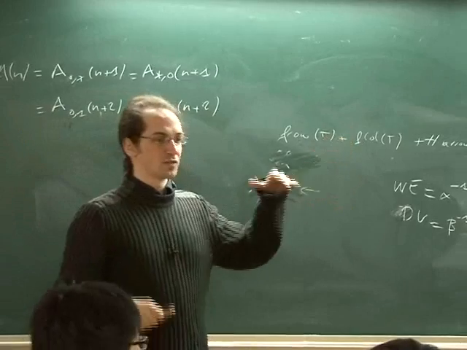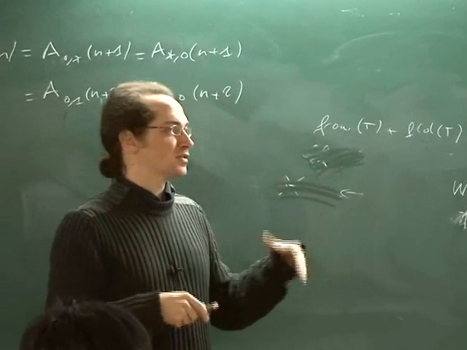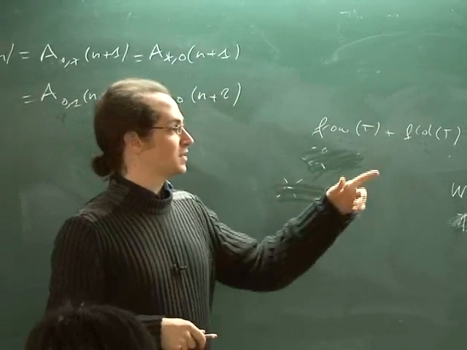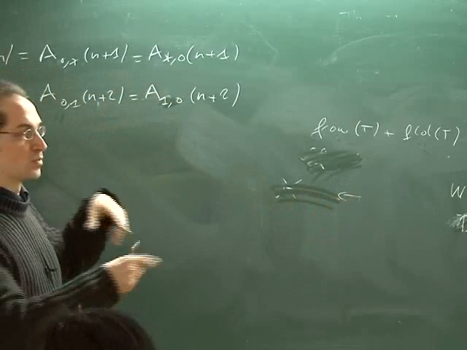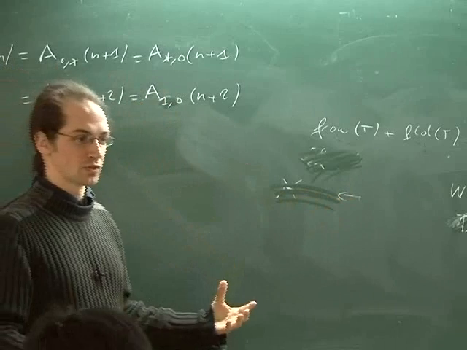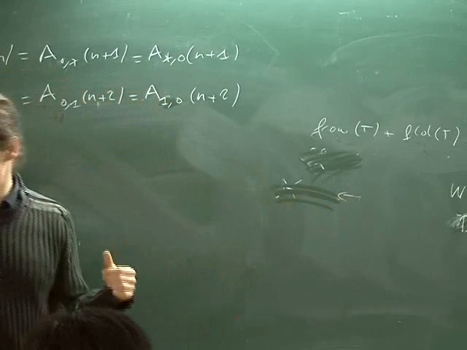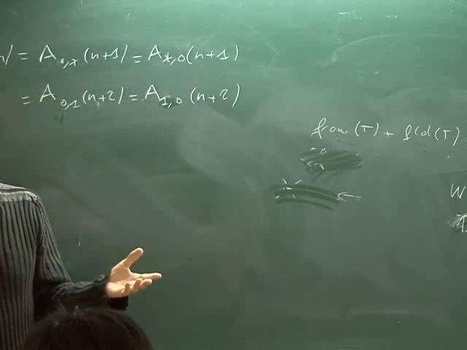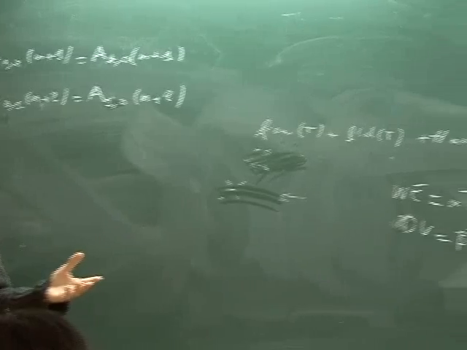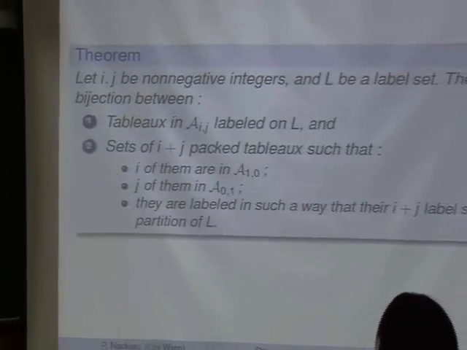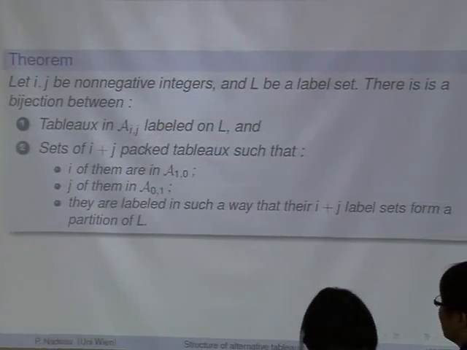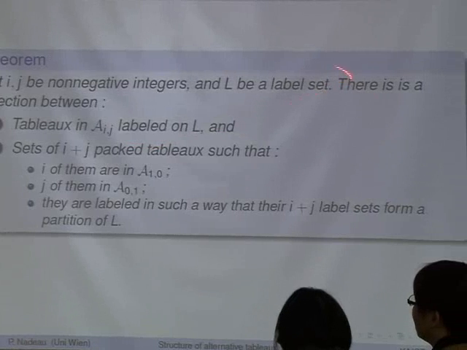These are the elementary things, and now I give something less elementary, but that gives other relations between these different classes. With the two, we have a complete recursive decomposition. This is the easy part, and the next one is a bit trickier. This is the big theorem. You pick I and j, two integers, which will be the number of free rows and columns.